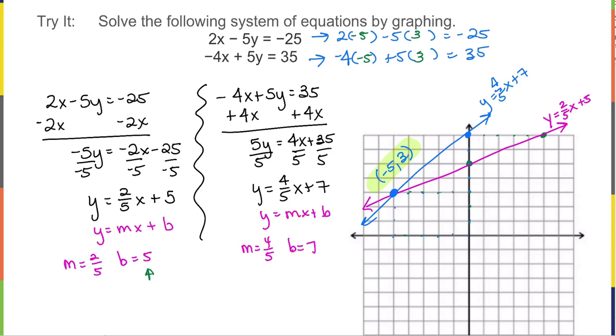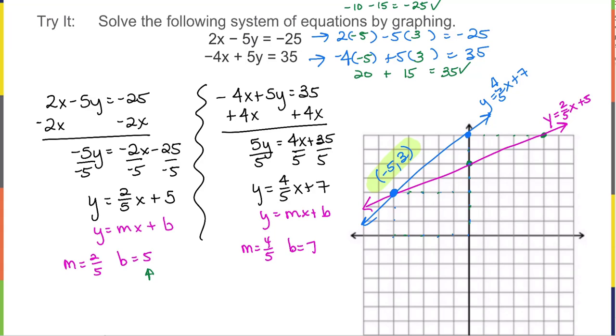So for the first one, 2 times negative 5 is negative 10, and negative 5 times 3 is negative 15. When you do negative 10 minus 15, you do get negative 25, so that works out. On the bottom, negative 4 times negative 5 is 20, plus 5 times 3 is 15. 20 plus 15 is 35, so it works out for both.